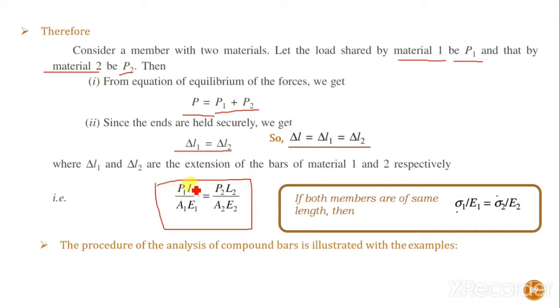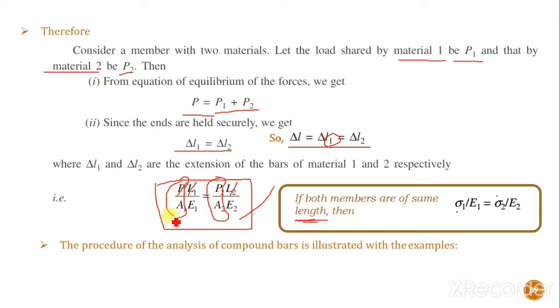Delta L is equal to PL by AE, as we have seen, and just use the suffix here. P1 L1 by A1 E1 is equal to P2 L2 by A2 E2. So what happens is, if the length of both the members is the same, this L1 and L2 get cancelled, and as you can see, this is force by area and this is force by area.